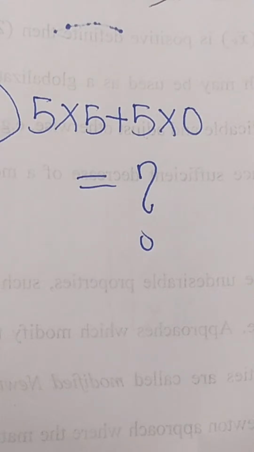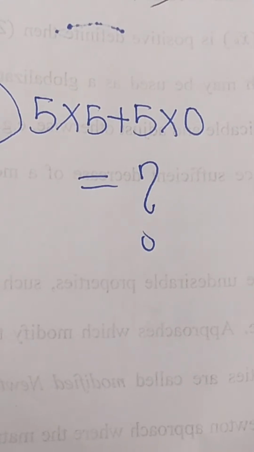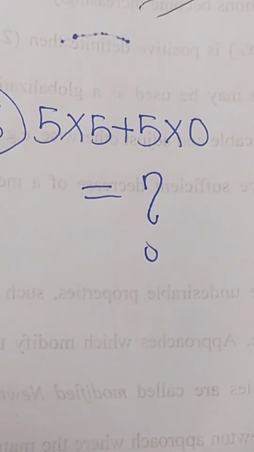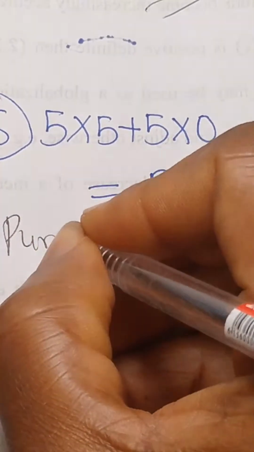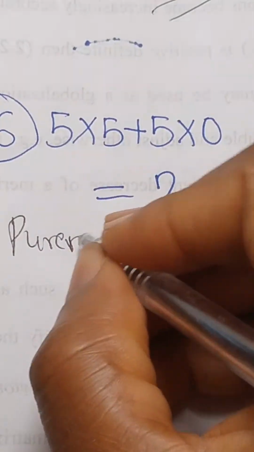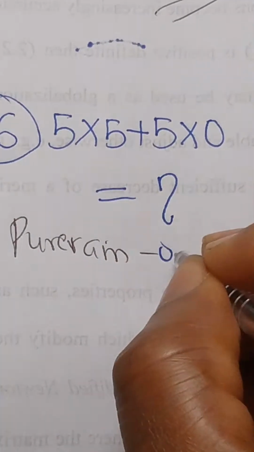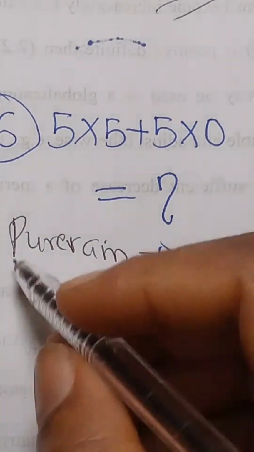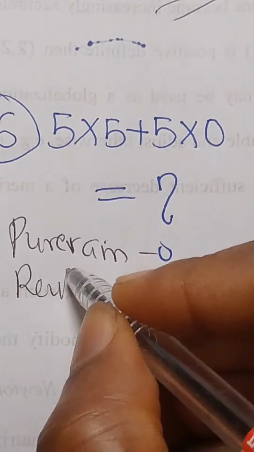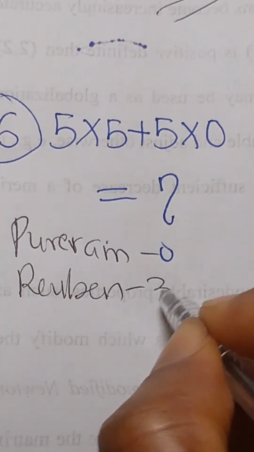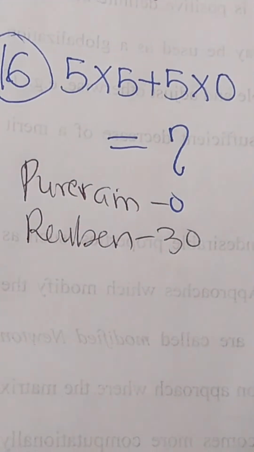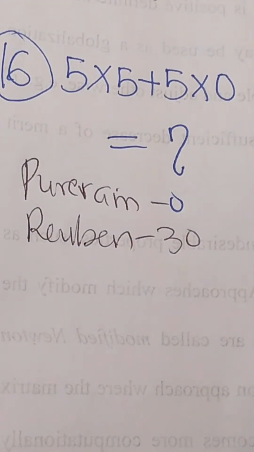Ruben, 30. Okay. Pure Rain, 0. Okay, see, 0 for you here already. Ruben, 30. So more answers, please.